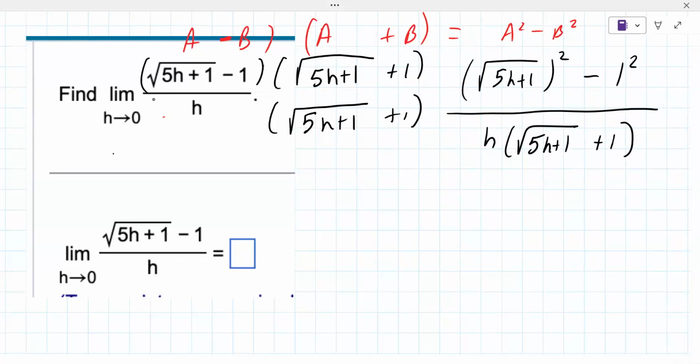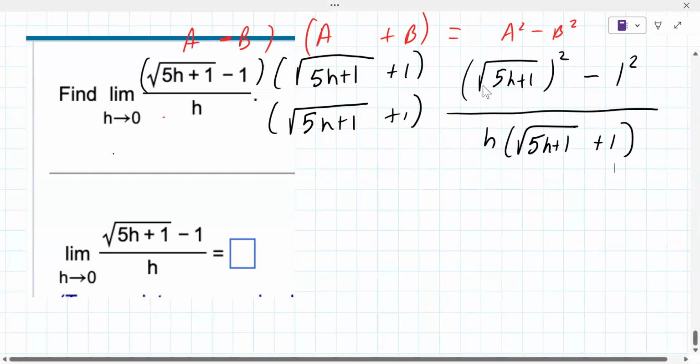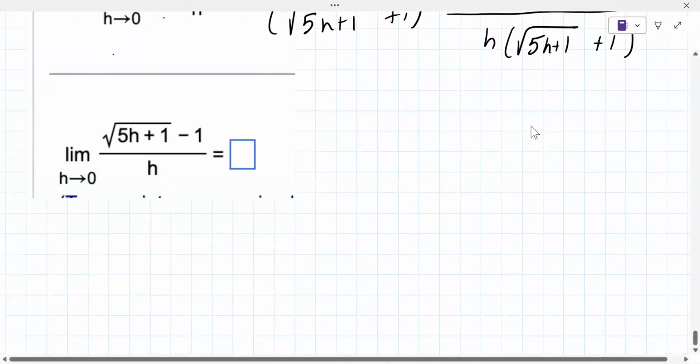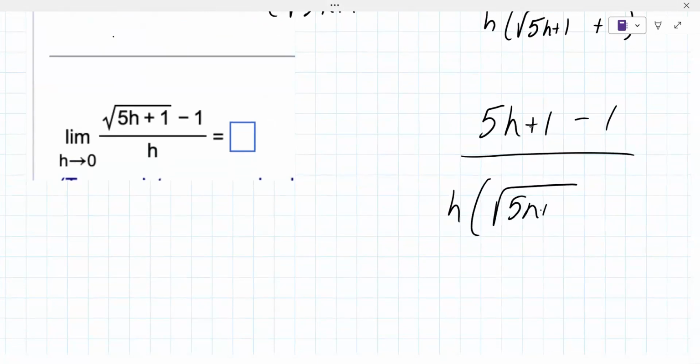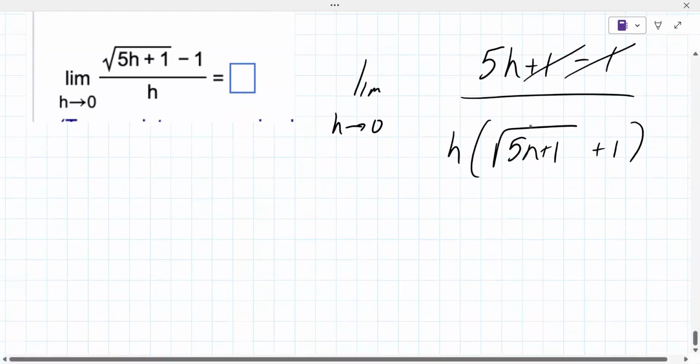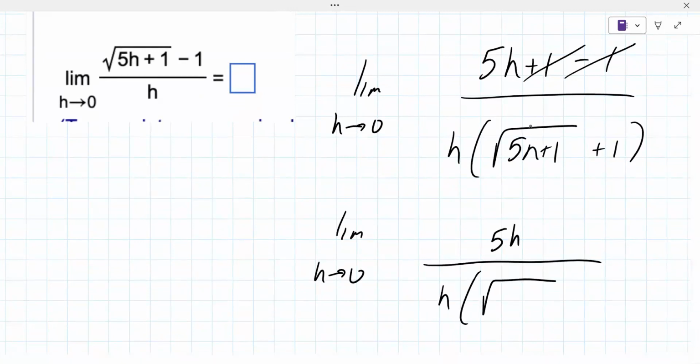Okay, so it becomes 5h plus 1 when the square undoes the square root, 5h plus 1 minus 1. So you've got 5h plus 1 minus 1 all over h square root 5h plus 1 down here. You can see those cancel, limit as h goes to 0. So it becomes limit as h goes to 0 of 5h over h square root 5h plus 1.